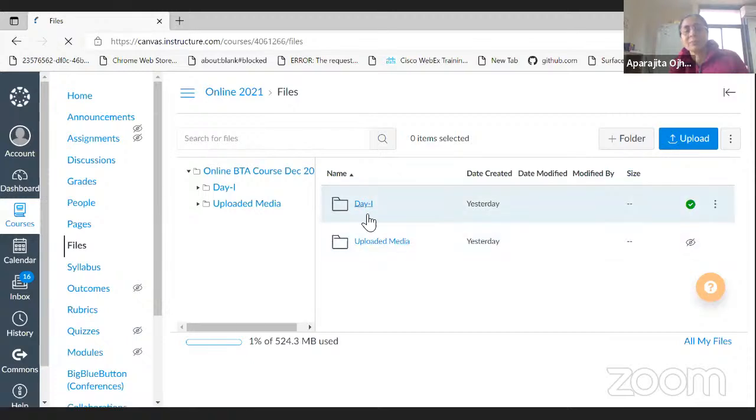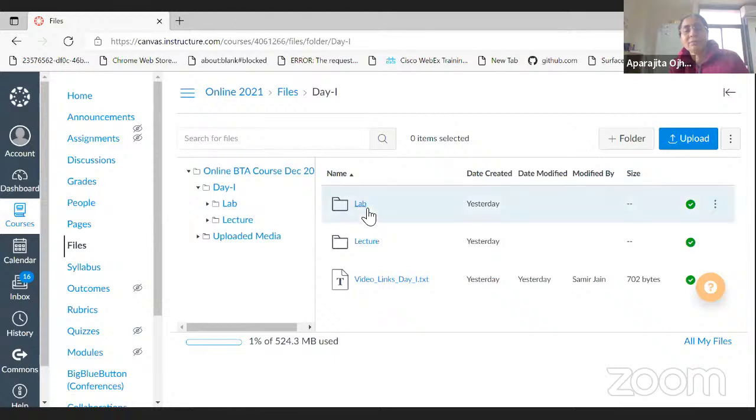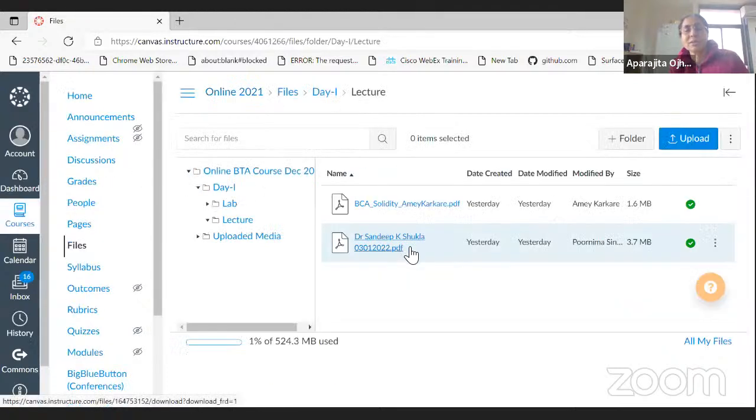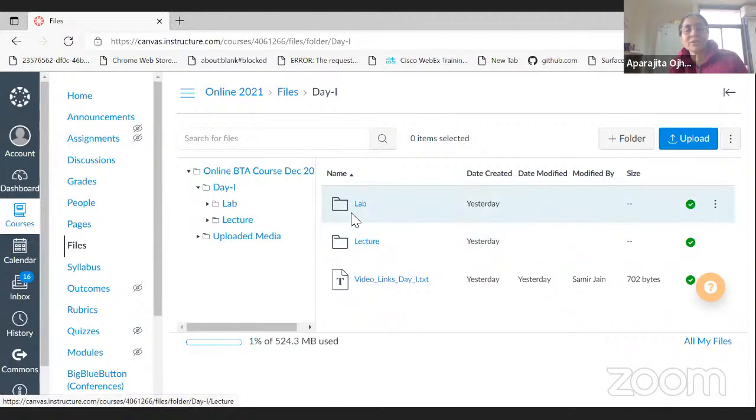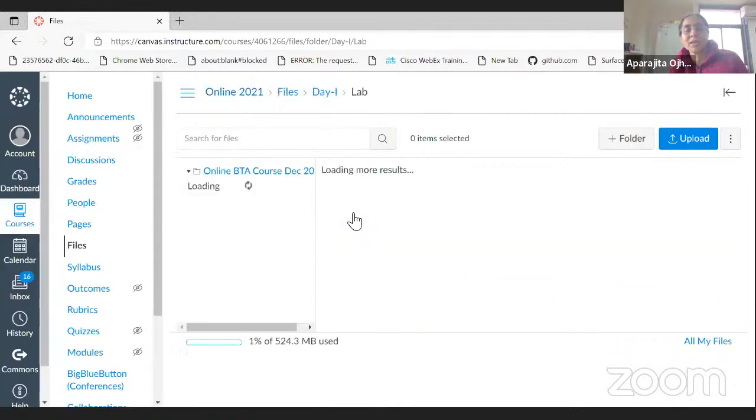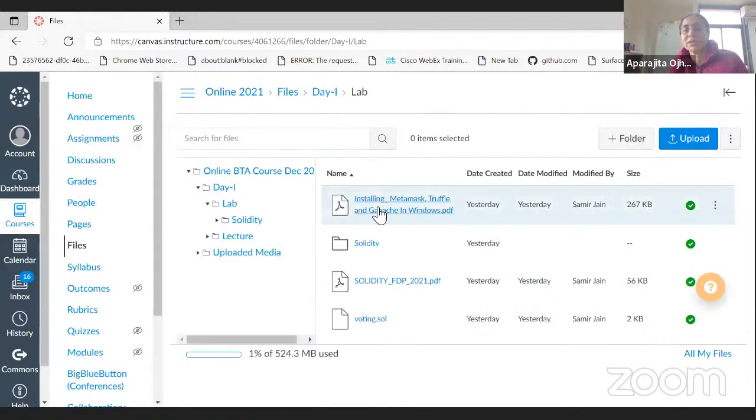So day 1, lectures. You can see here lectures by Professor Amey Karkare and Professor Sandeep Shukla, right? I go back to day 1. I have lab sessions. So I go back to lab sessions where all the material is given here.